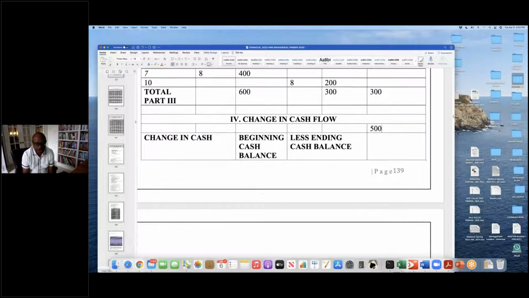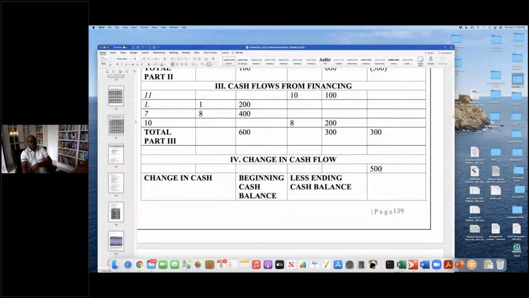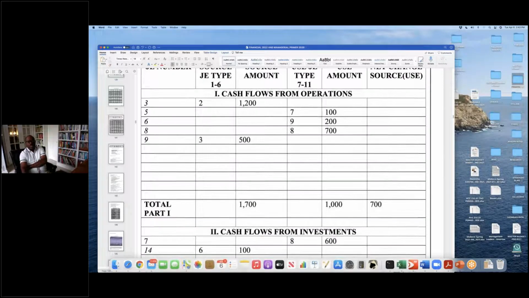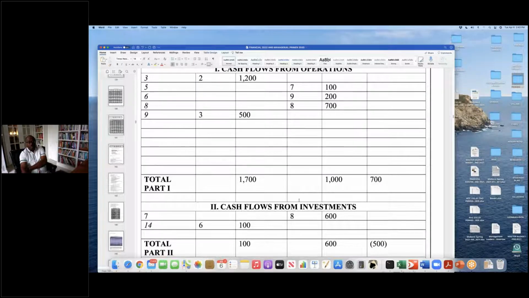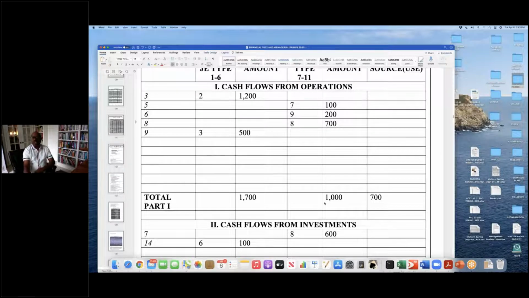So this is our final statement, and the purpose is to tell us how much we got in operations, and operations needs to be a big plus. If it's not, we got problems. Then there's cash flow from investments. Investments are a little different. These are investments that the company is making in long-term assets. So you got current assets, you got long-term assets.